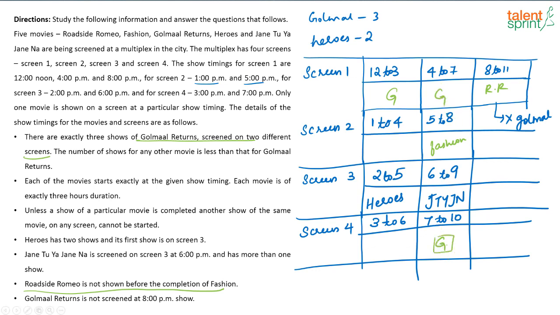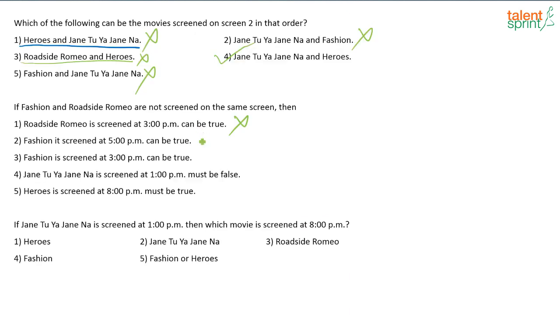This place is filled. Now, where can I place Heroes? Heroes is there from 2 to 5, first show. The second show has to happen after 5 o'clock. See, after 5 o'clock, all the positions are filled. So I cannot air Heroes for the second time. So this option is wrong. Fashion can't be screened at 5 p.m.